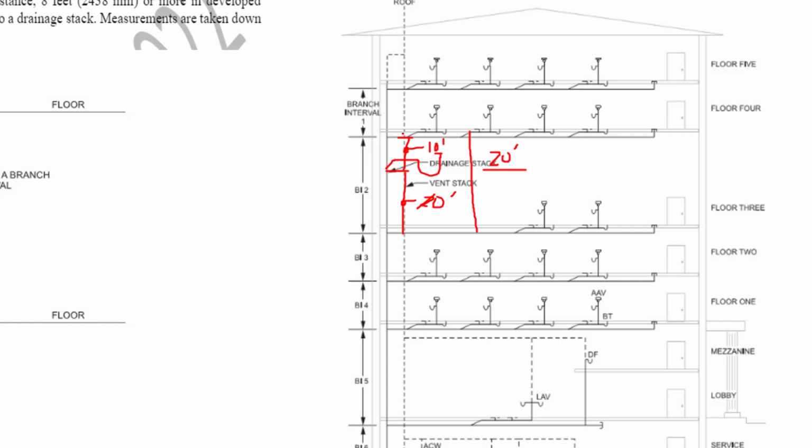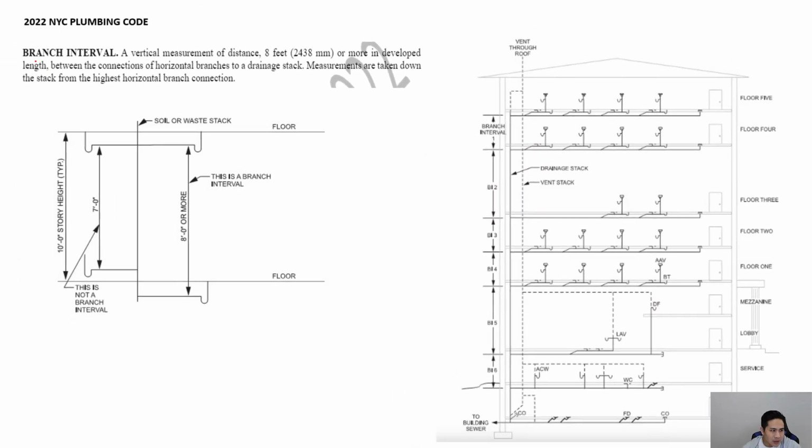So in this case, based on the definition, from this floor to this floor, you would have two branch intervals, right? One would be going to this, and the other one would be going to this drain here. So this is just a further explanation of what a branch interval is.